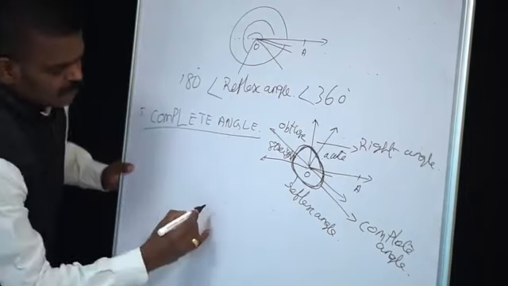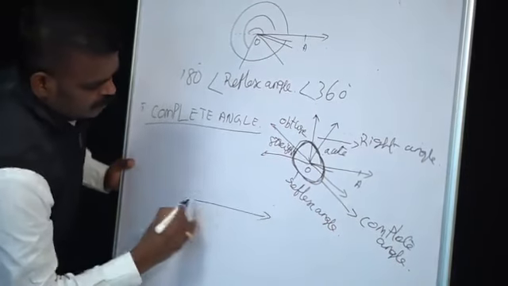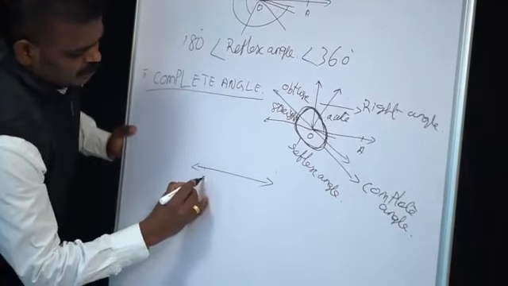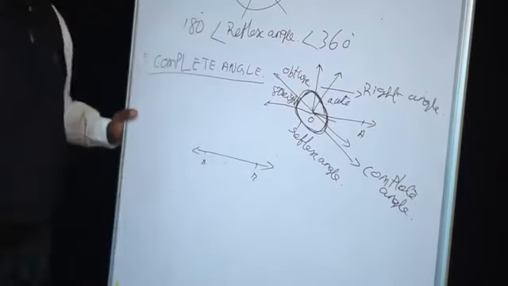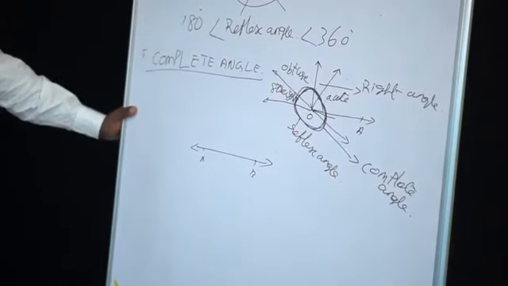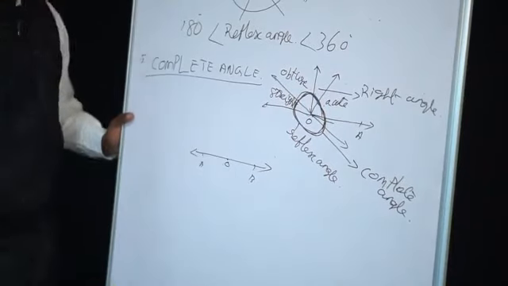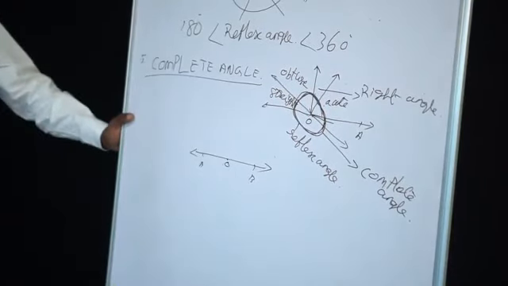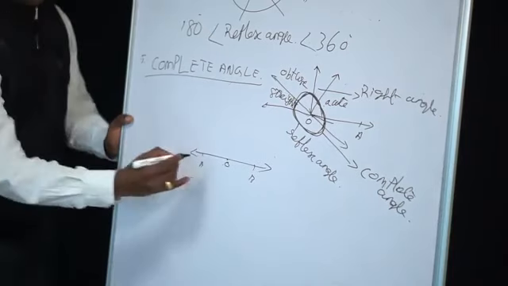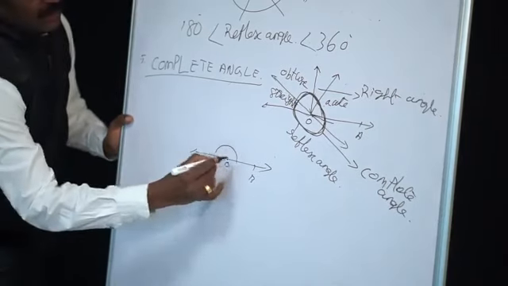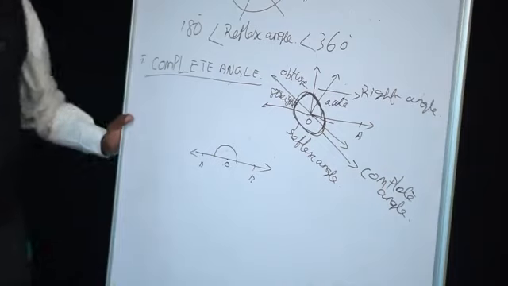Okay, I will tell you. Line AB, we take one point O. Tell me, what is the name of this angle?